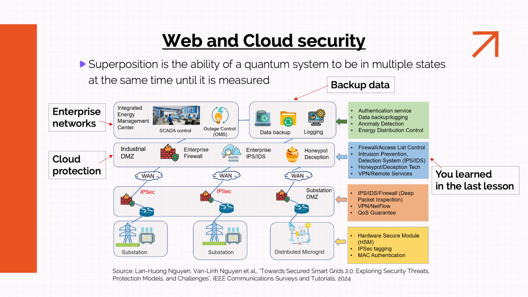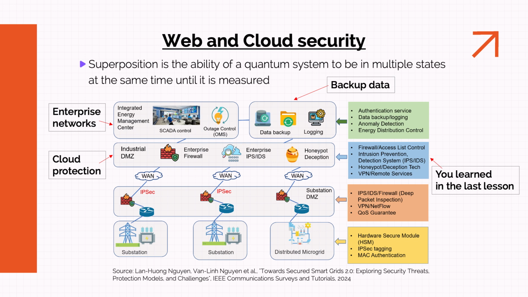This kind of smart factory or smart grid system is quite expensive, so we need a very comprehensive security system to protect this network. On the right side, we have many kinds of services to detect and protect the enterprise network: authentication service, data backup, anomaly detection, firewall, intrusion prevention and detection, honeypot, VPN. You can see many.